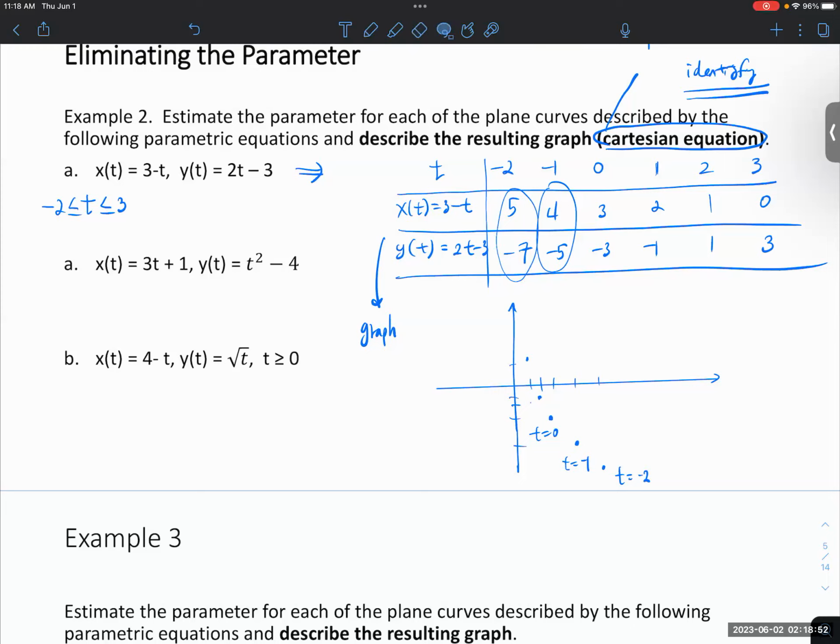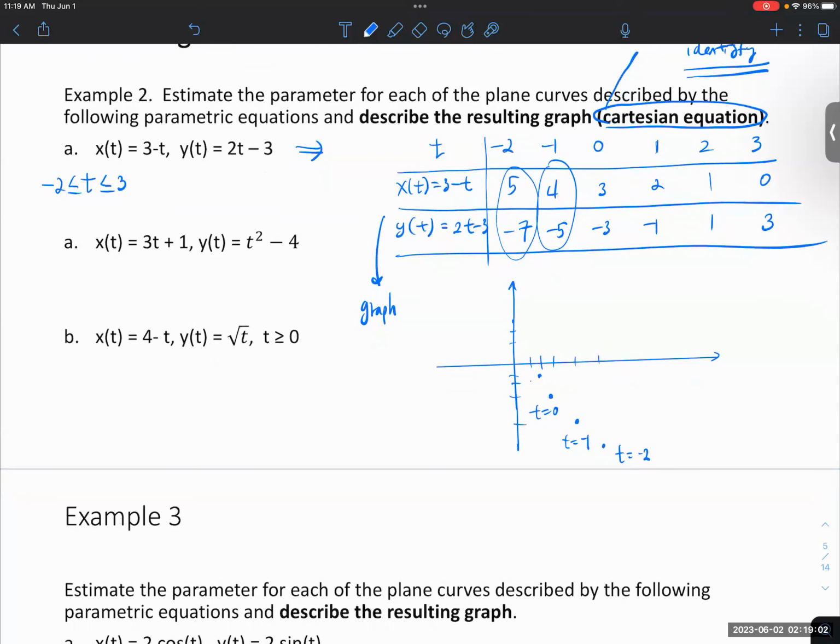The last one is 0, 3 right there. So if you graph it, it's not going to be curvy. This is going to be something like that. This is linear, okay? So when I graph it, I point out all the coordinate points. So this is the graph, right? This is going to be a linear shape.